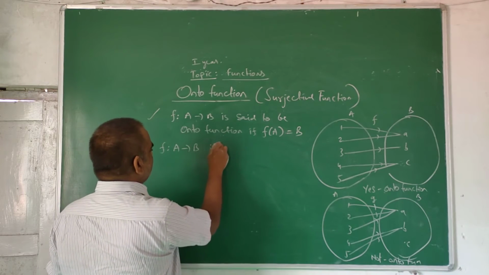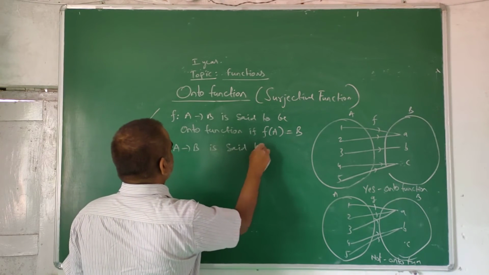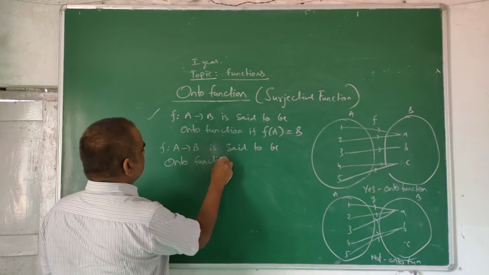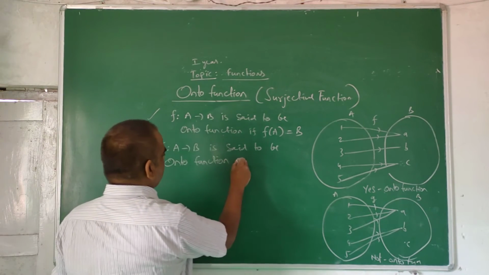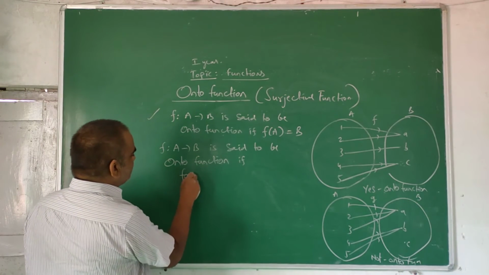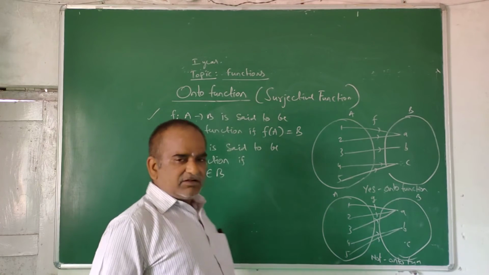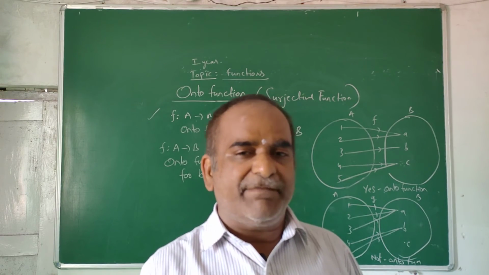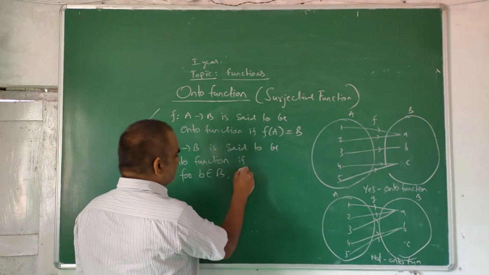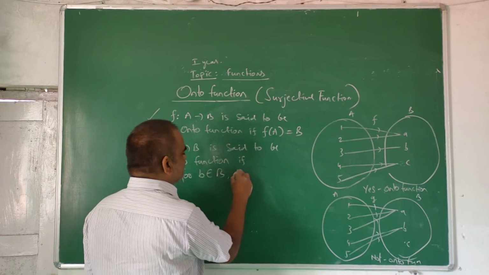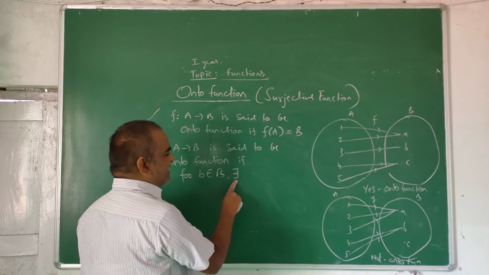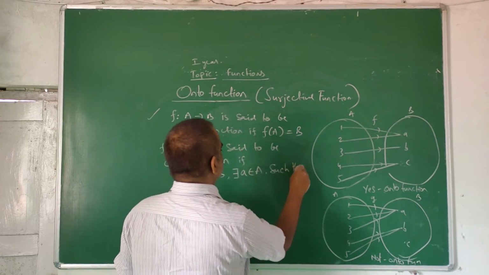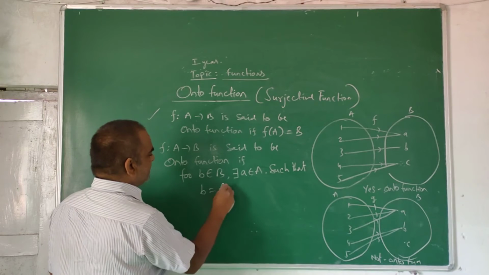F maps A to B is said to be onto function or surjective function or surjection if for b belongs to B, for an arbitrary element b in B, the codomain, there exists at least one a belongs to A such that b is equal to f of a.